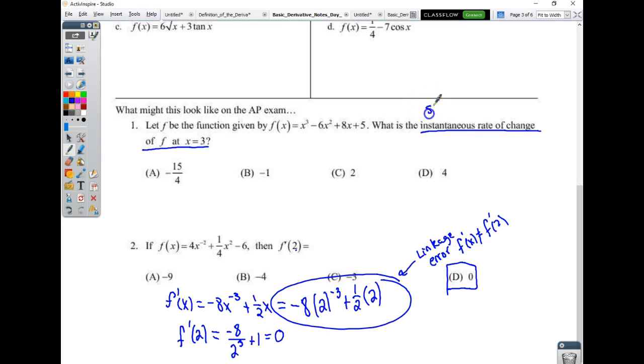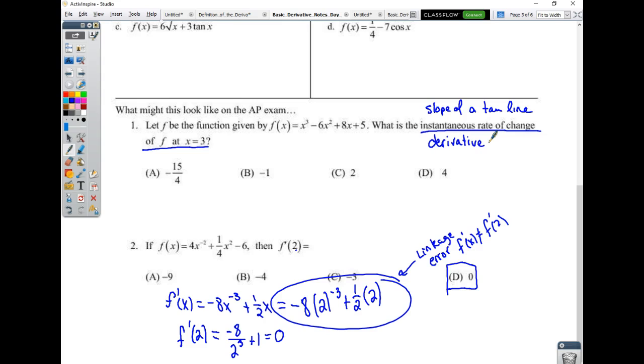We are talking about the slope of a tangent line. Another phrase for a slope of a tangent line? Derivative. So now what the question is saying is, what is the derivative of f at x equals 3?